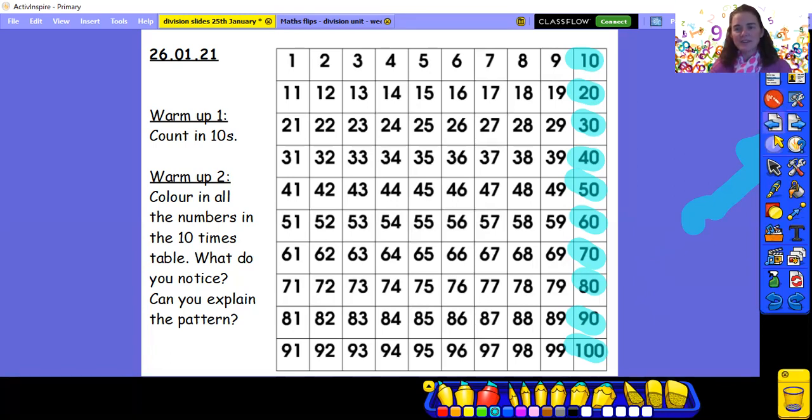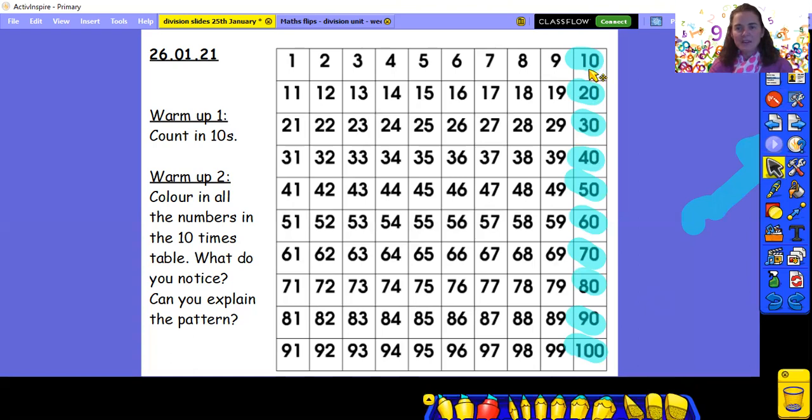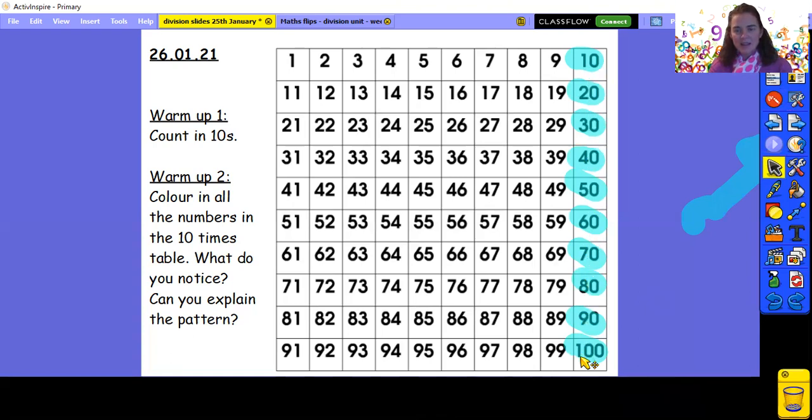Well, let's have a look at the digits, shall we? So if we look at our tens digits and then our ones digit, what can we notice? So we've got 1 lot of 10, 2 lots of 10, 3 lots of 10, 4 lots of 10, 5 lots of 10, 6 lots of 10, 7 lots of 10, 8 lots of 10, 9 lots of 10.